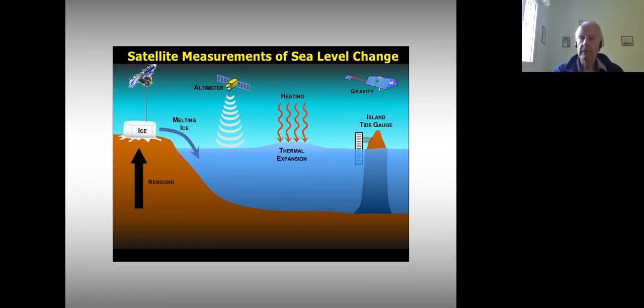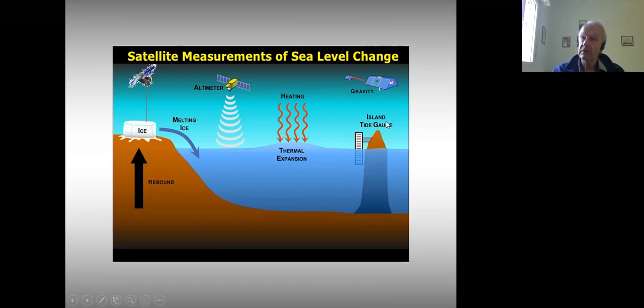And since the ice is melting, the pressure of the ice on the Earth's surface is decreasing, and therefore we have a rebound of the land and an increase of the Earth. So this is what we do with the satellite measurements of the sea level changes.